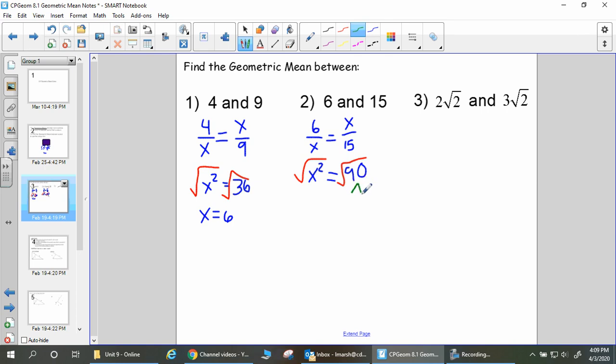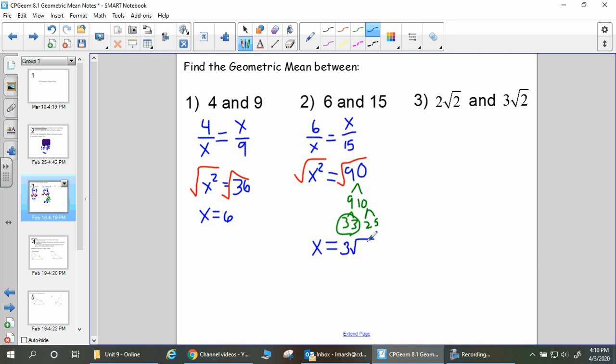So keep in mind, you can either break this down right inside your work, or you can have a piece of scratch paper where you do your factor trees, whatever is easier for you. If I break down the 90, 9 and 10, that gives me 3 and 3, that gives me 2 and 5, right? Locate those pairs that are going to go on the outside. So that means that my value of X is equal to 3 on the outside.